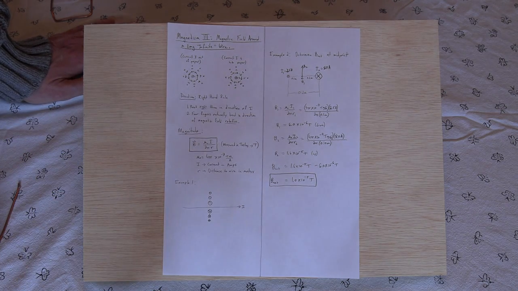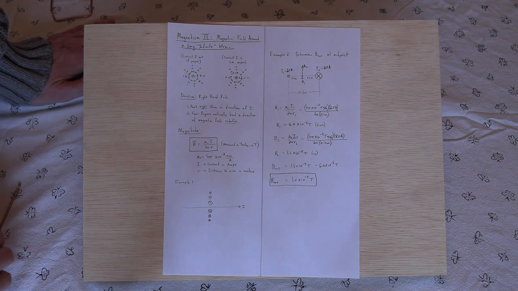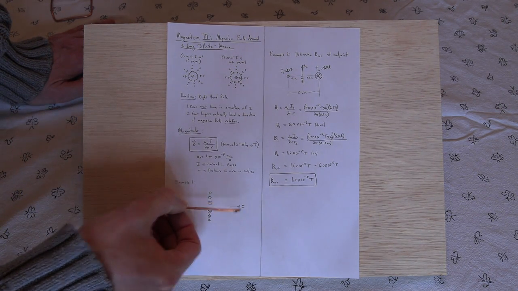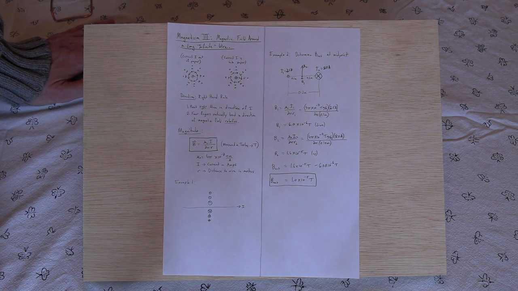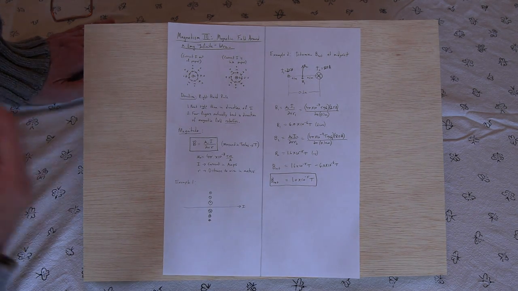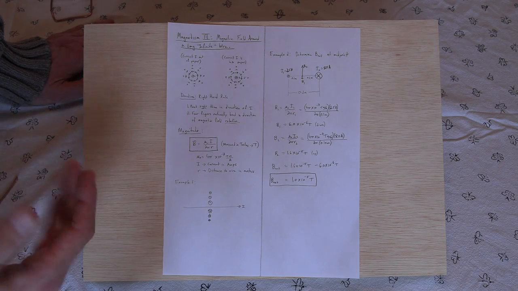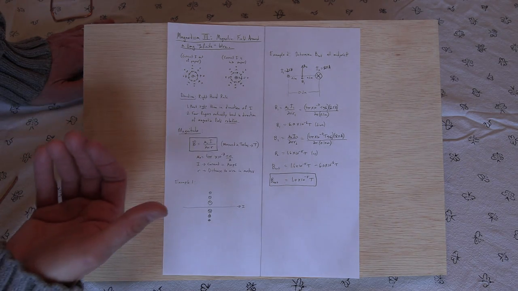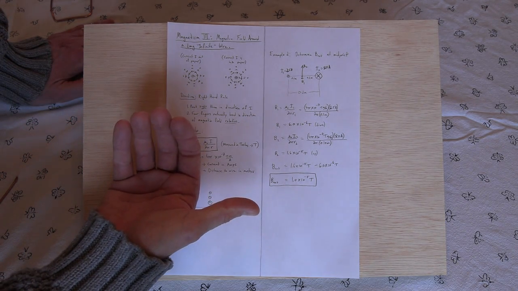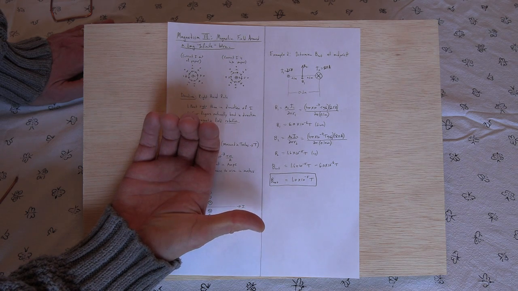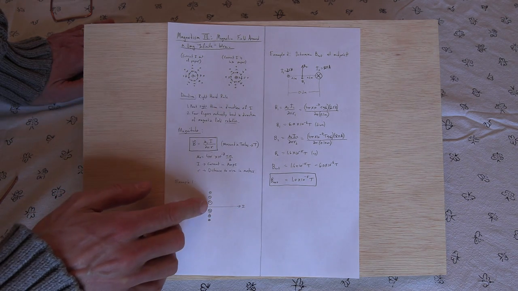Here's another example using the right-hand rule. We have a wire running along the paper and electricity flowing to the right. What is the pattern of the magnetic field along the paper? I use my right-hand rule. Thumb goes this way, and above the wire my four fingers come out of the paper.